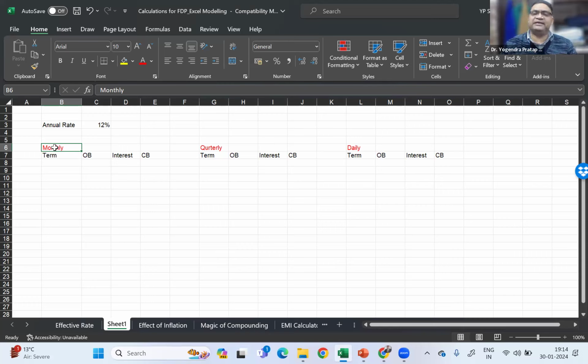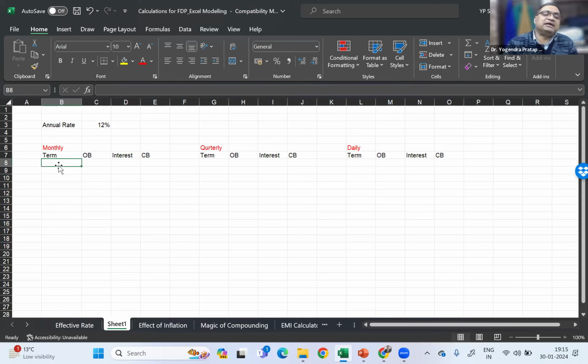When any financial advisor, like an insurance advisor or a mutual fund advisor, any product expert comes to you, just look at the figure. Whatever the annual interest rate is, what is the frequency of that payment? Is it paid monthly, quarterly, or daily? Because this will make a lot of difference.